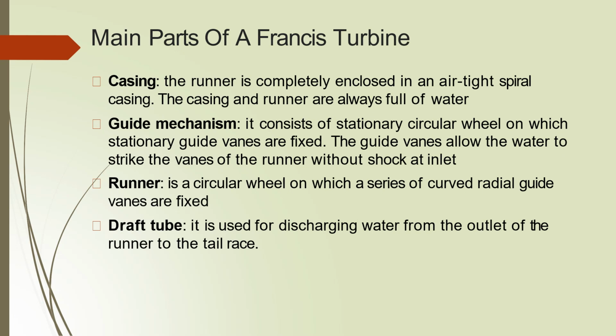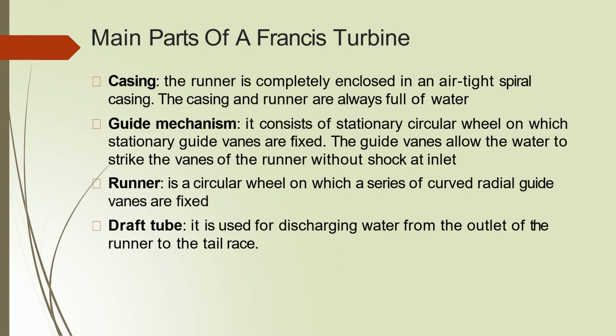Second, a guide mechanism, which consists of a stationary circular wheel on which guide vanes are fixed. The guide vanes allow the water to strike the vanes of the runner without shock at the inlet.